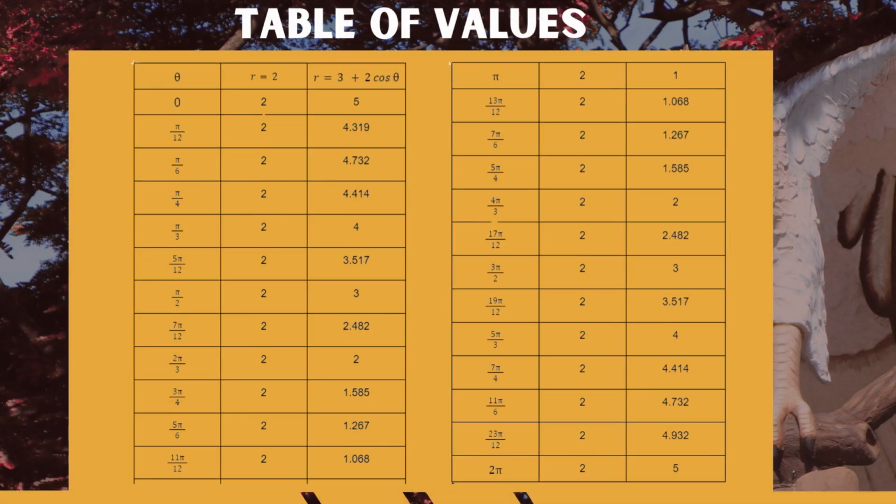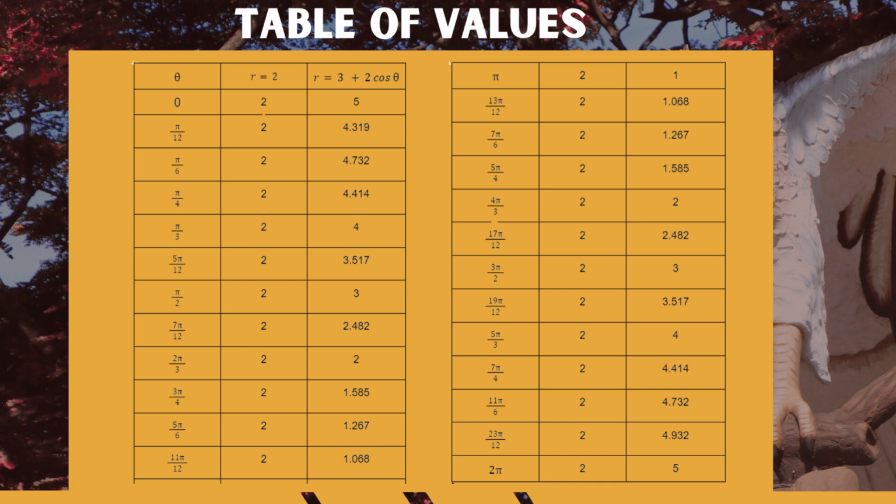So for our last table of values, for number 3, we will have our first column for theta, second column for r equals 2, and for our third column, we have r equals 3 plus 2 cosine theta. So if we plug in the values of theta into our second equation, r equals 3 plus 2 cosine theta, if 0, we will get 5.